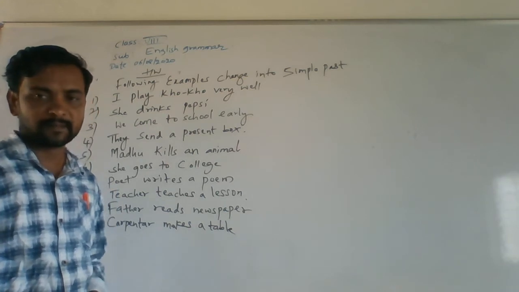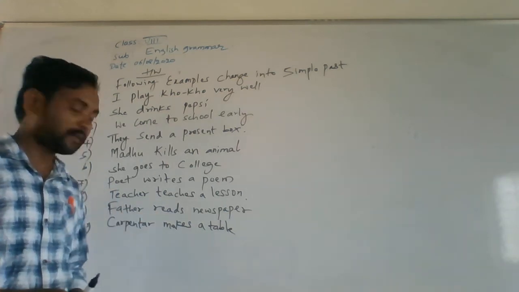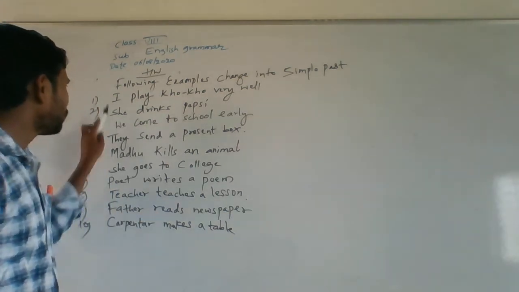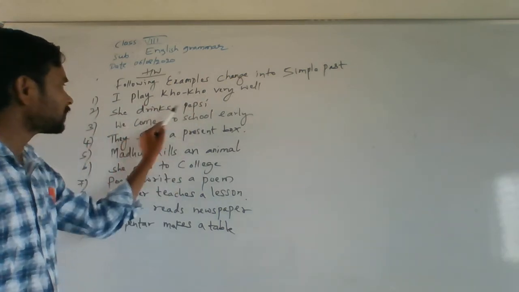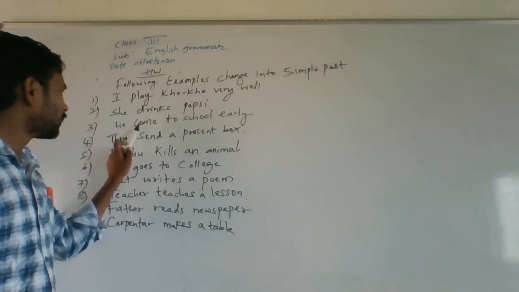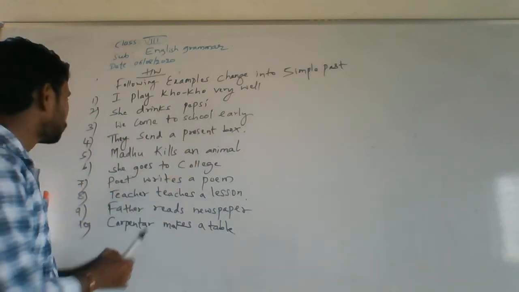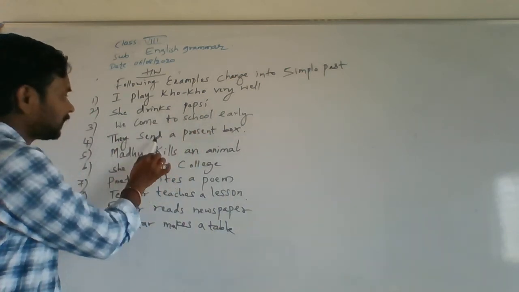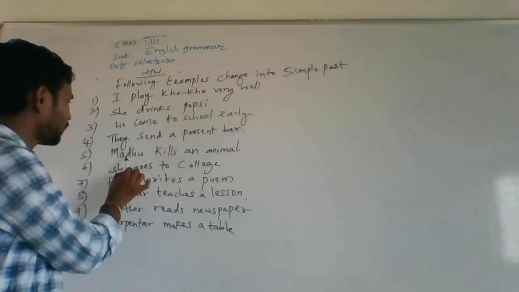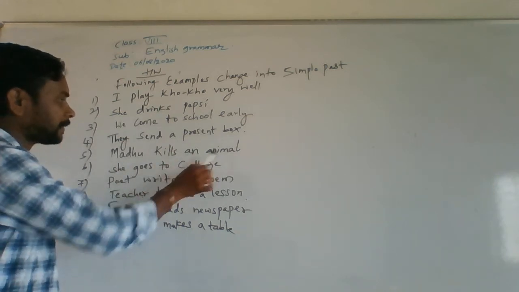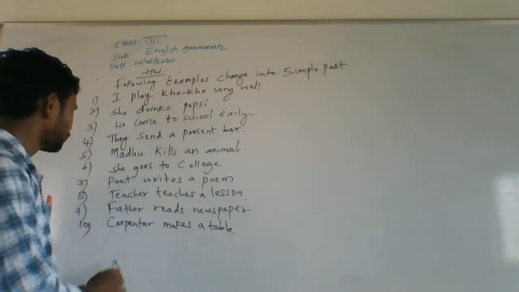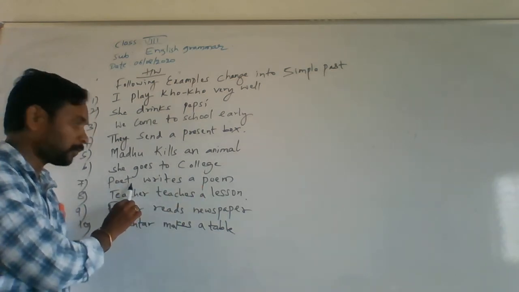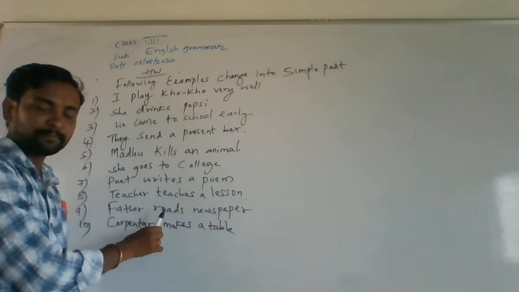Simple past. So write down the examples one by one. I play Coco very well. She drinks Pepsi. We come to school early. They send a present box. Madhu kills an animal. Sixth one, she goes to college. Seventh one, poet writes a poem.